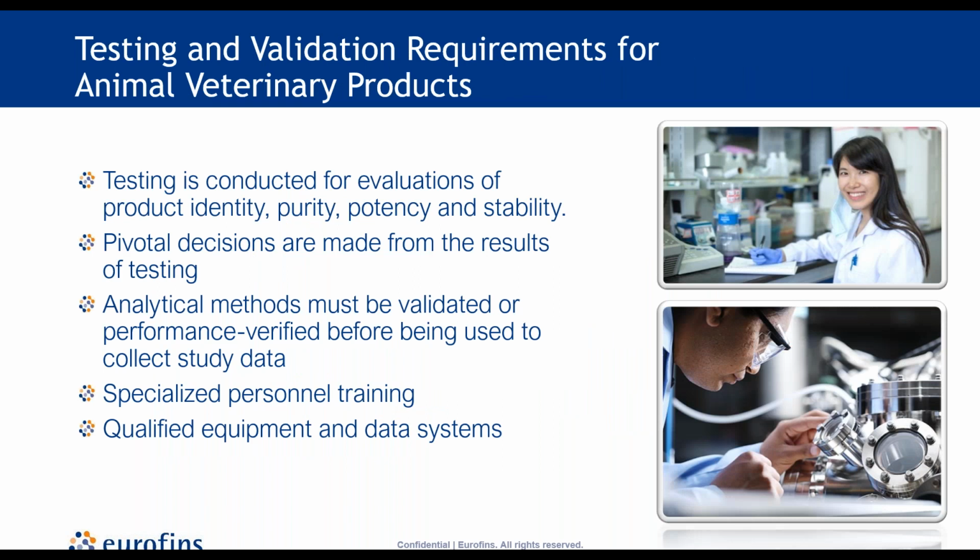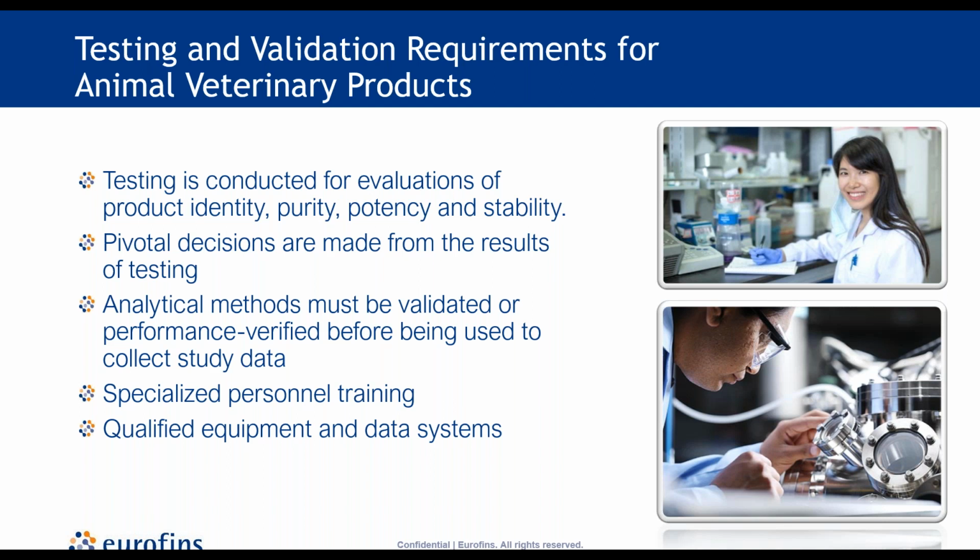Product testing and analytical method validation are critical steps in ensuring the safety and efficacy of veterinary products. These requirements were put in place to ensure that products are thoroughly tested for their intended use and provide confidence in the accuracy of the testing results. Testing includes evaluations of a product's identity, purity, potency, and stability, among other factors.